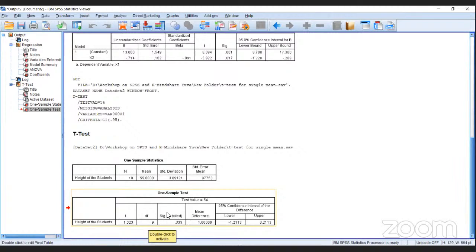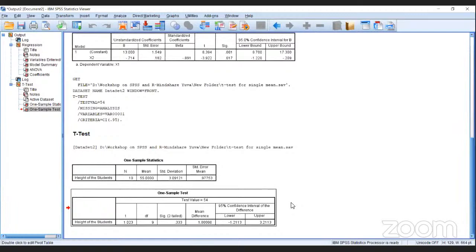That means there is no evidence to reject the null hypothesis. So we are accepting the null hypothesis. Are you getting it, or do you still need some more explanation? Are you clear about it?